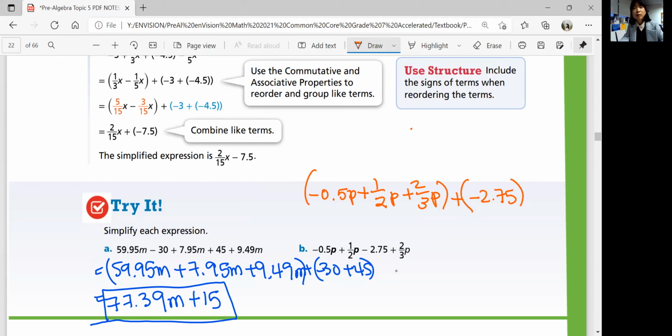You don't have to put parentheses like that, but I just wanted to show you that they're different terms. They're not like terms. Okay, and then 0.5 is 1/2. So 1/2 minus 1/2 is 0. So you just have 2/3p left. And then we have minus 2.75. So that would be your simplified expression. Okay.